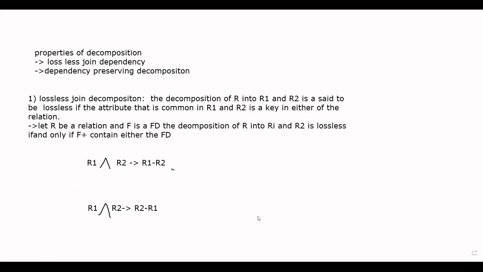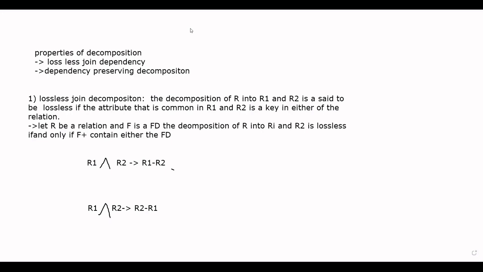The intersection is the same, but the right side changes.